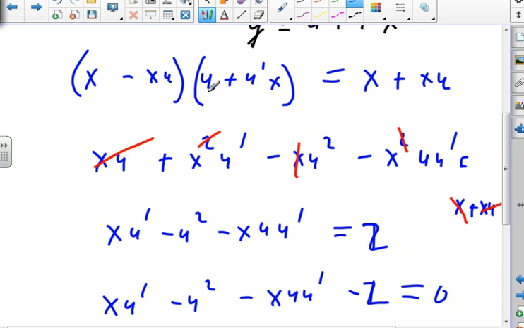Okay, so I've got an xu, I've got an x squared u prime, I've got a minus xu squared, I've got a minus x squared u prime. Okay, so I have all that stuff, right? Now, when I take those two guys away, they're not there anymore. So they're both gone. I divide by x. He's gone, he's gone, he's gone. I have a 1 there. So this is a 1, not a 2.